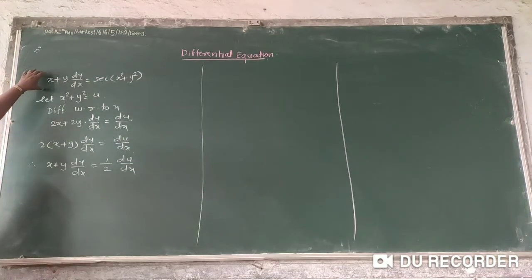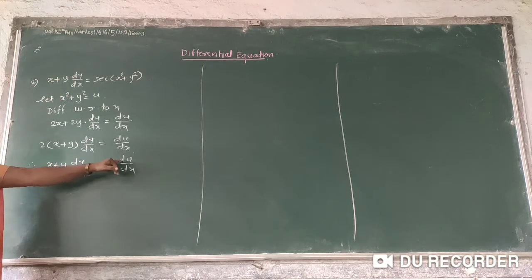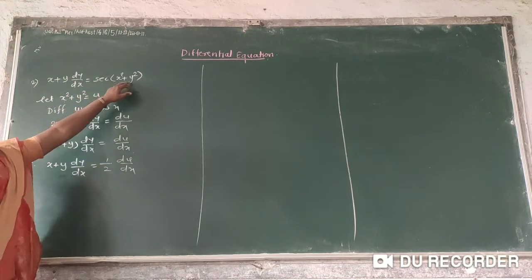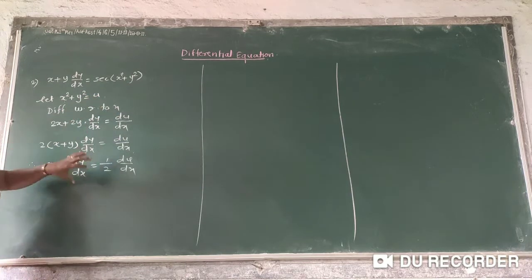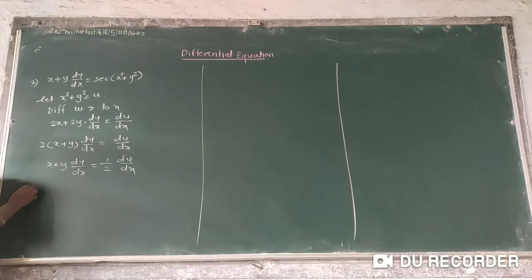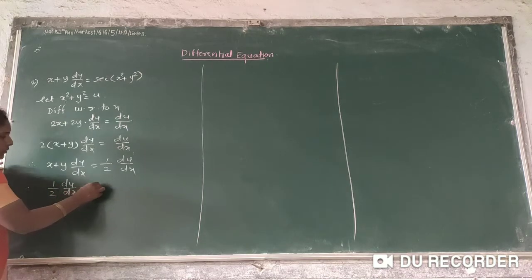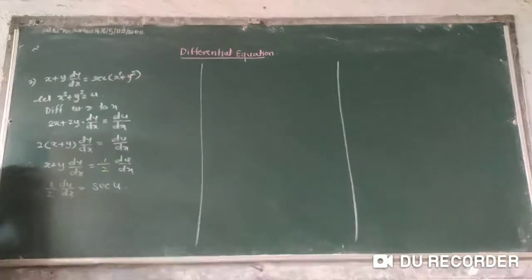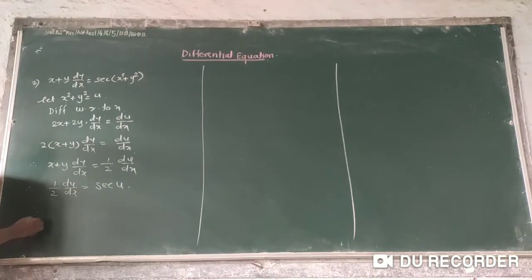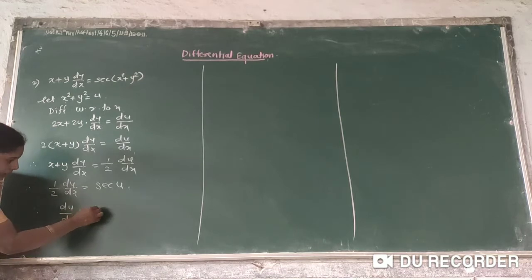Here, observe the example. x plus y dy by dx is 1/2 du by dx, and x square plus y square is u. Substitute these values in the given example. We get, therefore, 1/2 du by dx is equal to sec u. Therefore, we get du by dx is equal to 2 sec u.